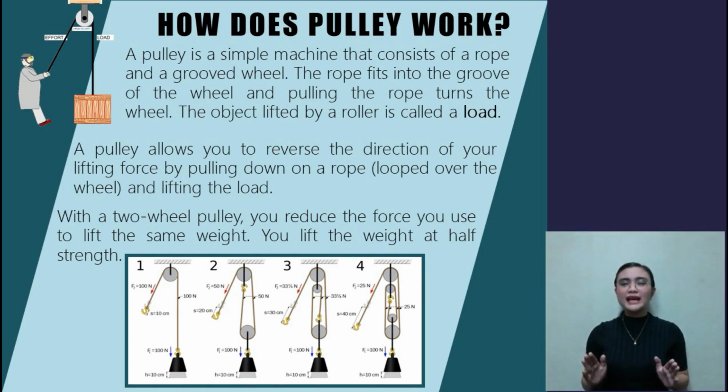This is known as mechanical advantage, or MA. So while you are using a two-wheel pulley, this means that you have a mechanical advantage of two. The bigger the mechanical advantage, the less force you need to lift a weight. As you pull the rope, the lower and upper axes slowly come together, increasing your ability to lift the object.